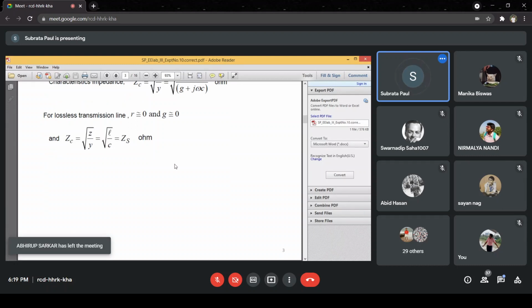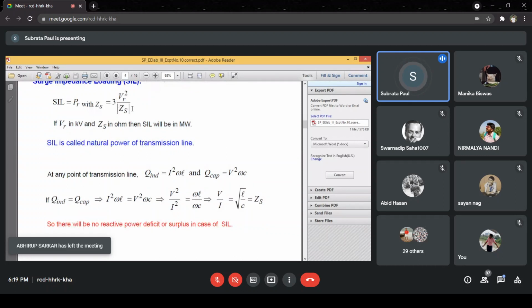So this is actually a resistance. This magnitude is just meaningless. VR square by ZS into 3 means three phase power. This is by definition SIL. That means the power delivered by the line to a resistance equal to its surge impedance.